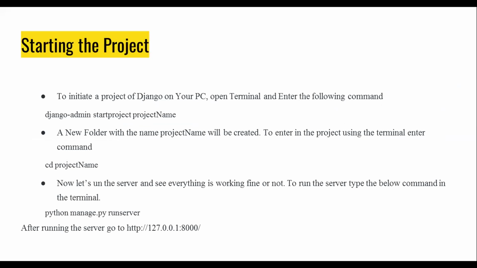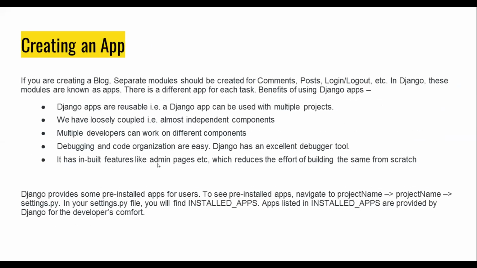In Django, it uses the concept of projects and apps. A single Django project contains one or more apps. For example, if we consider a blog as a project, it contains different apps, different modules like comments, post, login, logout, etc. All these we would consider as modules, but here we call them apps.